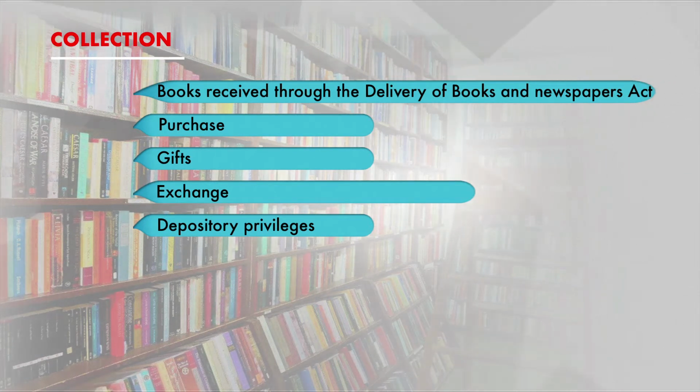Some exchange policy is there where the government exchanges resources with other countries, and this is also working as a depository library where a copy of every publication published in India, the National Library gets free of cost.